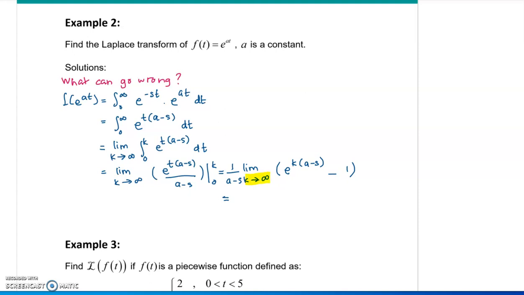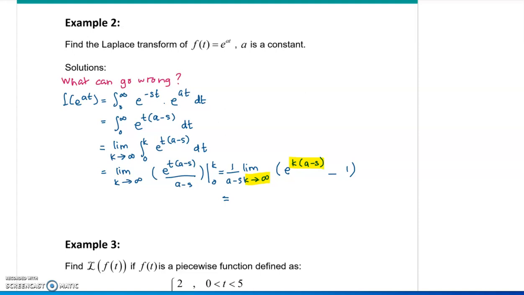students tend to look at this part as e to the power infinity because k is infinity, and you tend to think e to the power infinity is infinity, which is true.